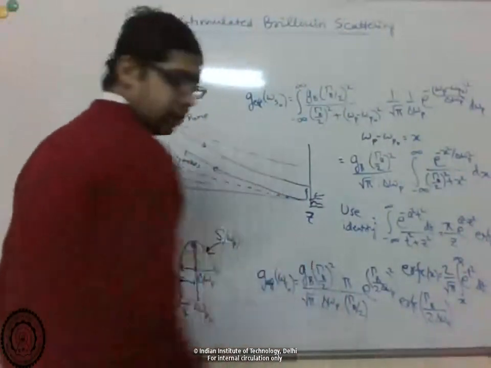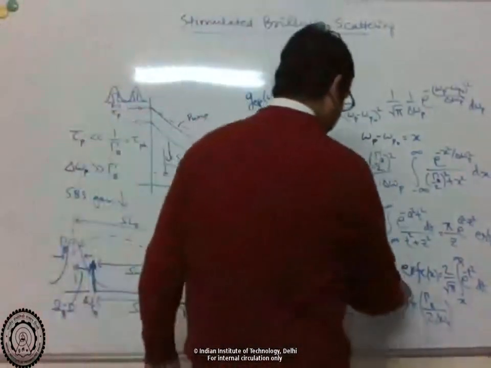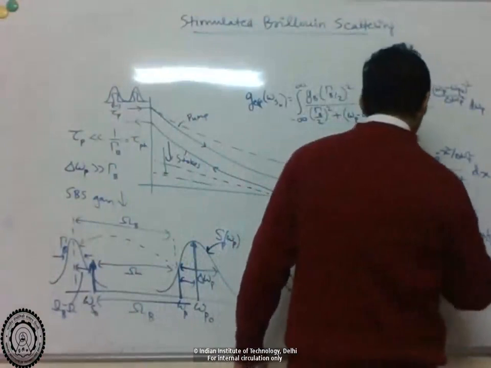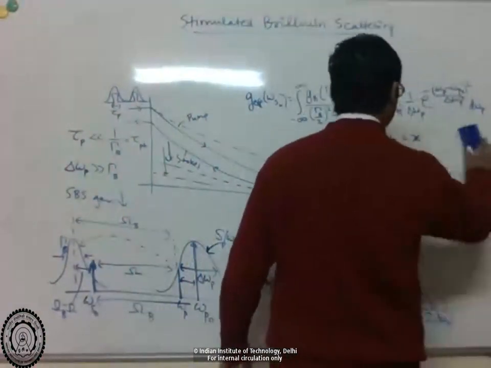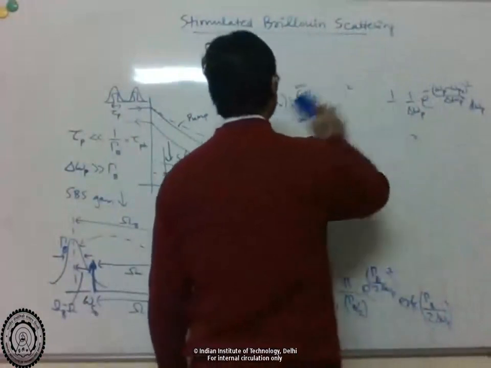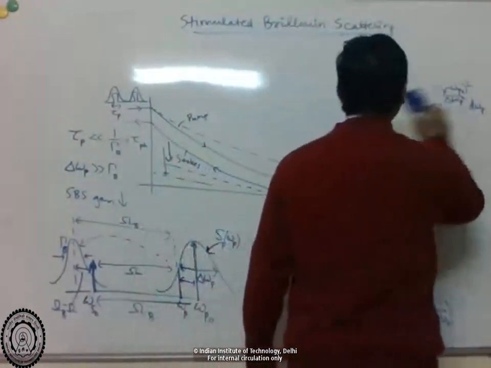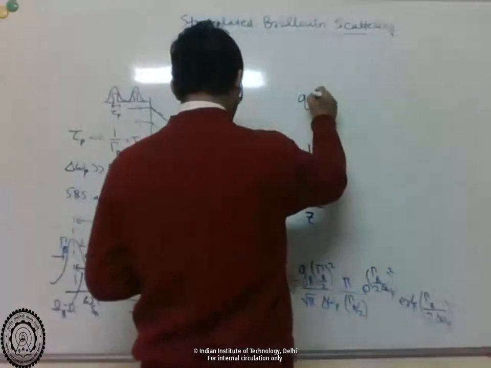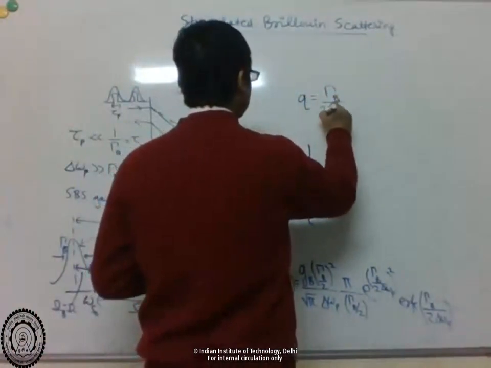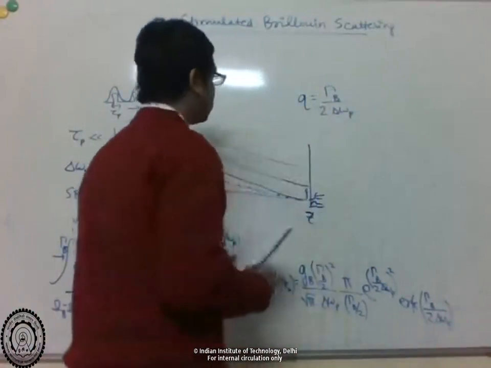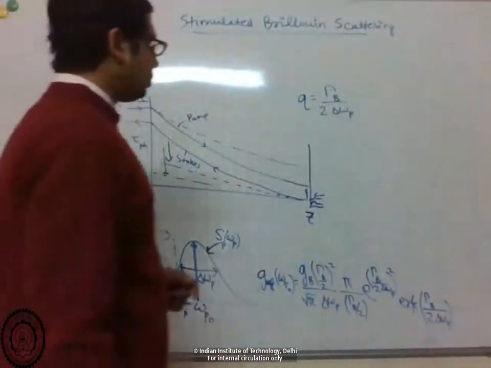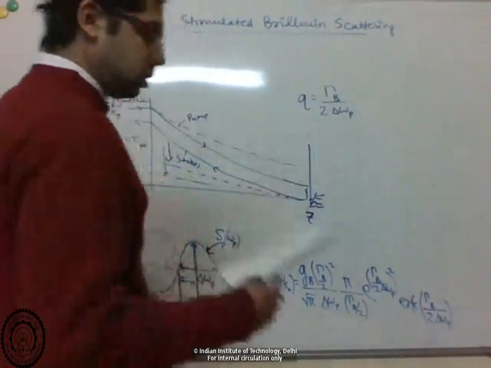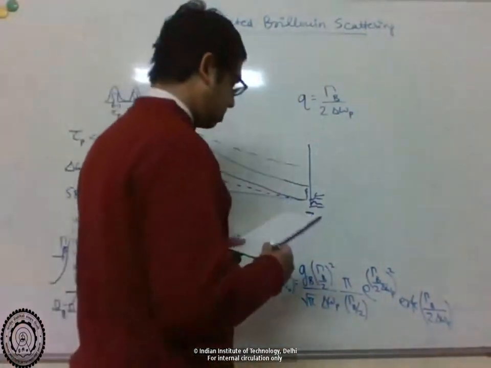So we can define this ratio. Let's define this Q as the ratio of gamma B over 2 to delta omega p, so the ratio of the Brillouin line width to the pump spectrum width.